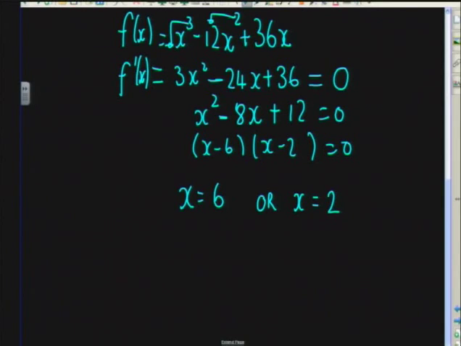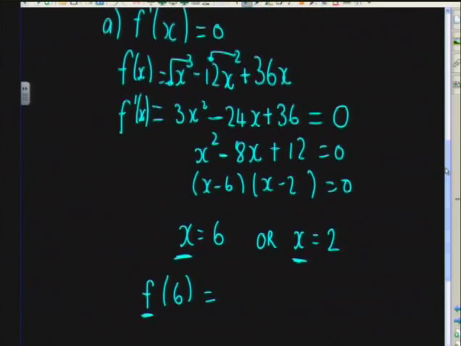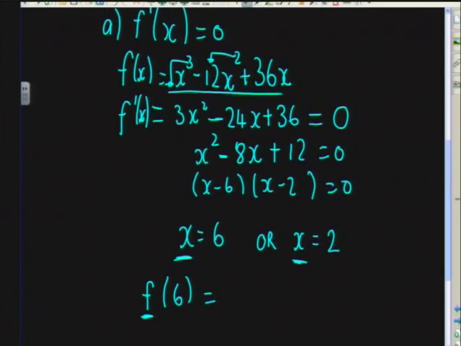All right, now remember these are just the x coordinates. You need to find the y coordinates. So importantly, you need to put this into the original function. You notice I'm using f of x, not f dash or f double dash. So I'm going to find out what f at 6 will give me, and then we're going to do the same thing for 2. We simply substitute it into the function.